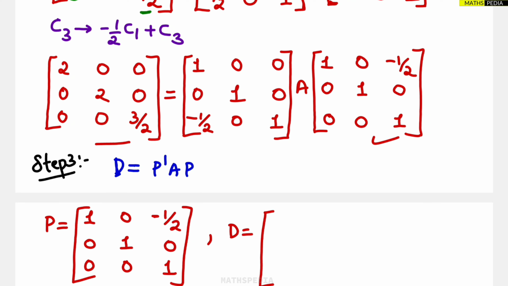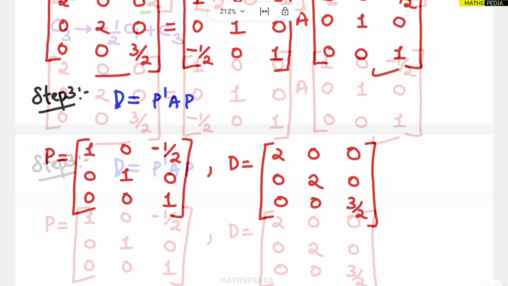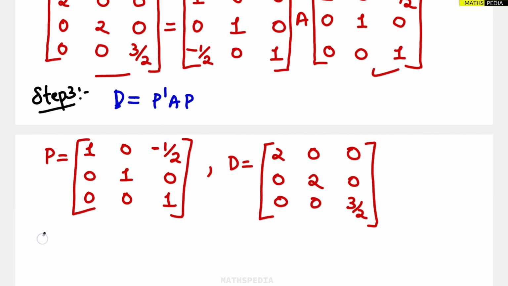Just write this part: 2 0 0, 0 2 0, 0 0 3 by 2. Now this diagonal matrix, we can write its diagonal elements as d1, d2, d3.